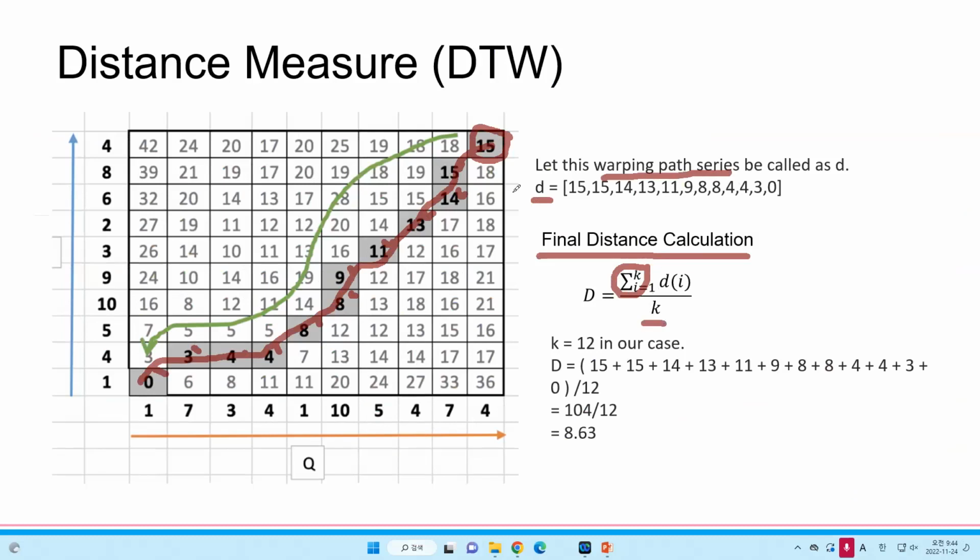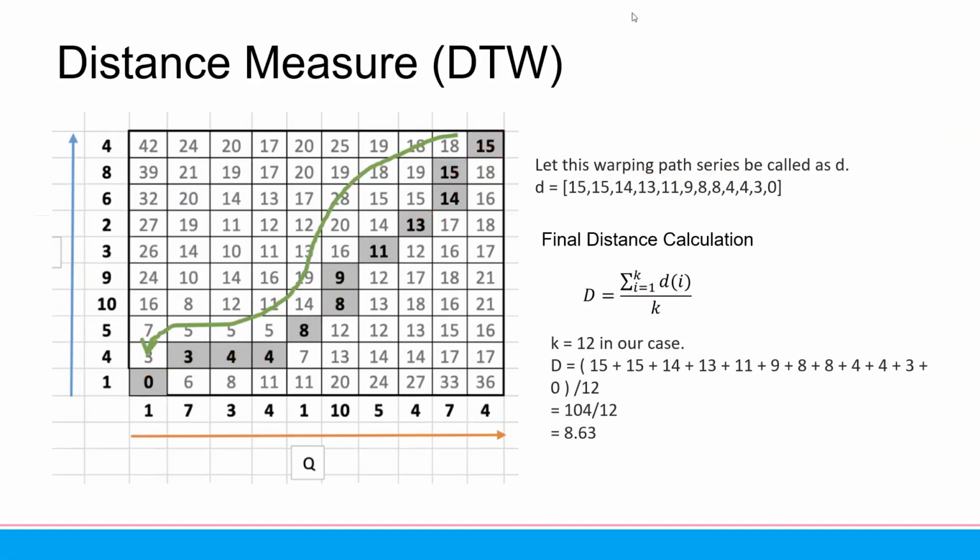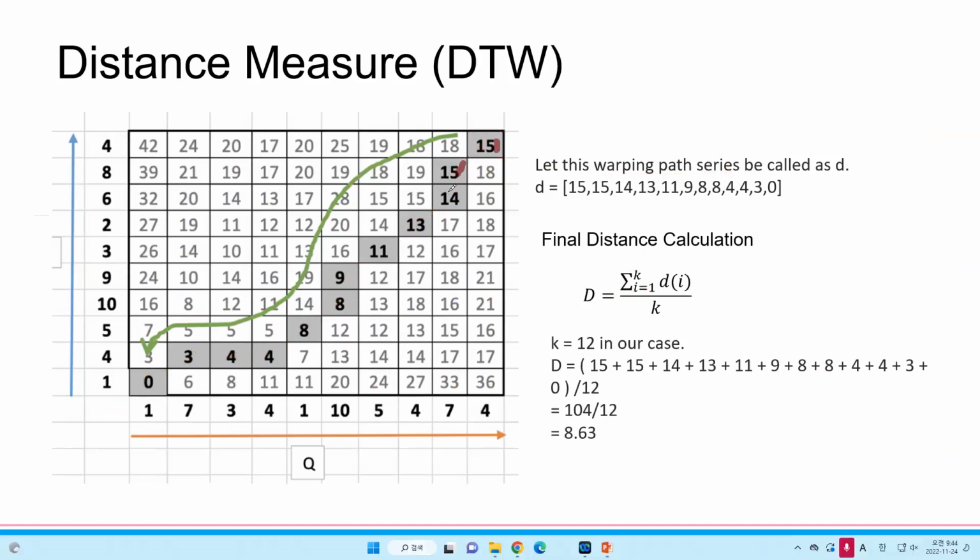K is the number presented here. For example, here we have 1, 2, 3, 4, 5, 6, 7, 8, 9, 10, 11, 12. So we have 12 numbers, so the k will be 12 in our case.